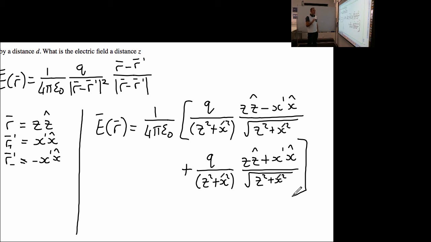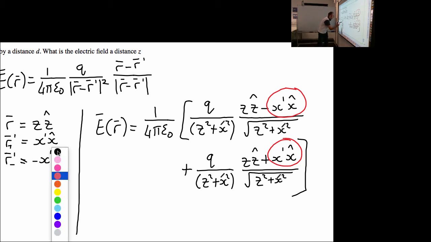Okay, so that's going to give us a total electric field at that point P, which is the midpoint between the two charges. And what you should notice here is that the x hat components are going to cancel. We've got a minus x prime x hat here, and a plus x prime x hat here, so those are going to cancel.